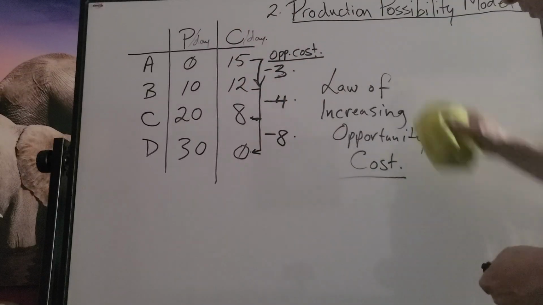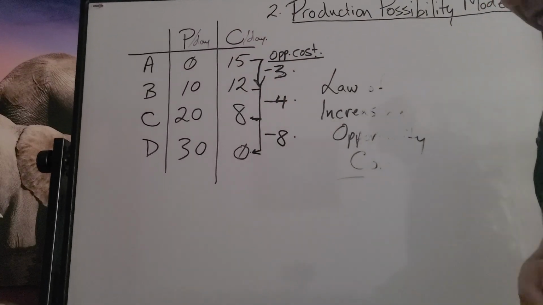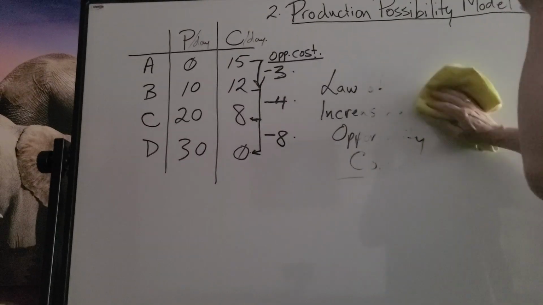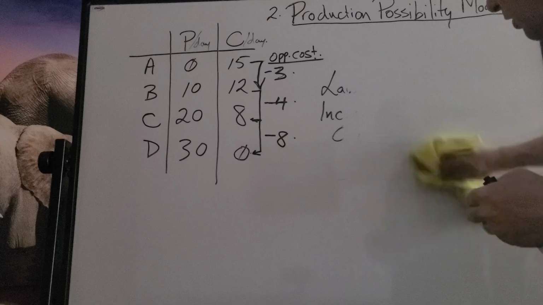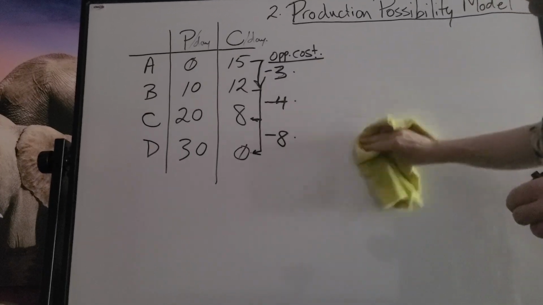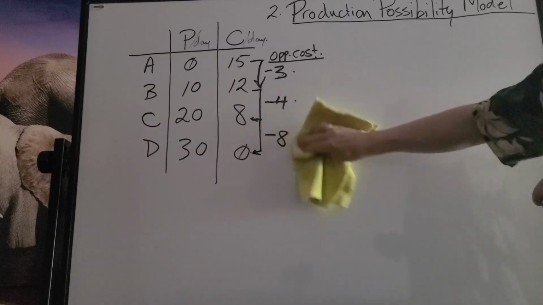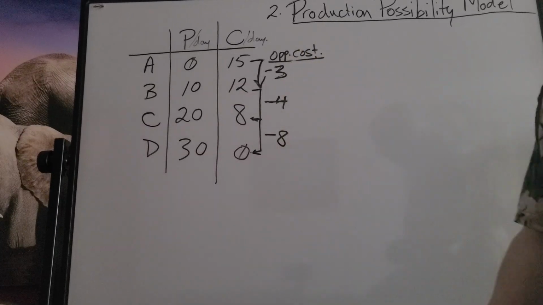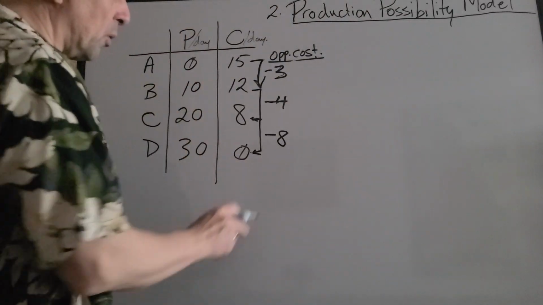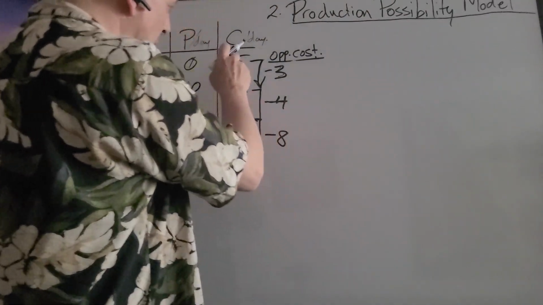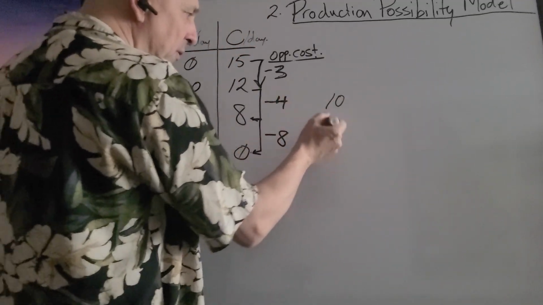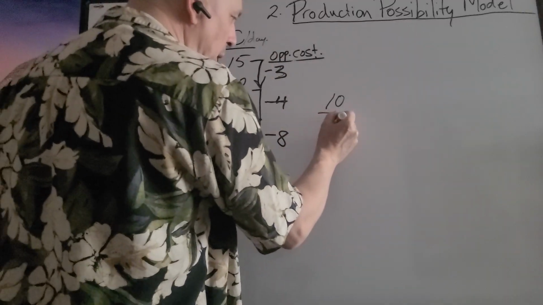Now there is a calculation that we can do in here, and the calculation we like to do is about what is the cost of 1, right? So let's say when we move from A to B, we gain 10 of our pineapples at the expense of 3.